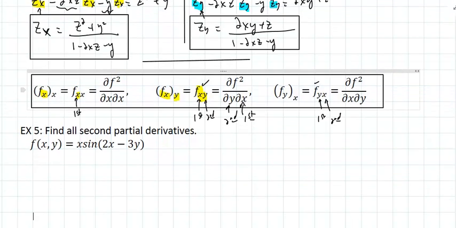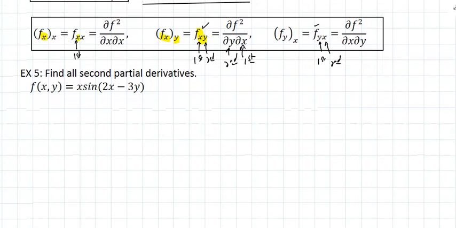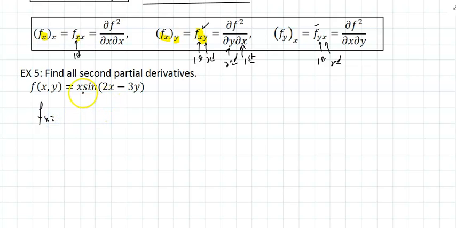So find all second partial derivatives. There are plenty of those. First I need to find f sub x, the derivative with respect to x: 1 times the sine of 2x minus 3y times 2. So f sub x is twice the sine of 2x minus 3y.